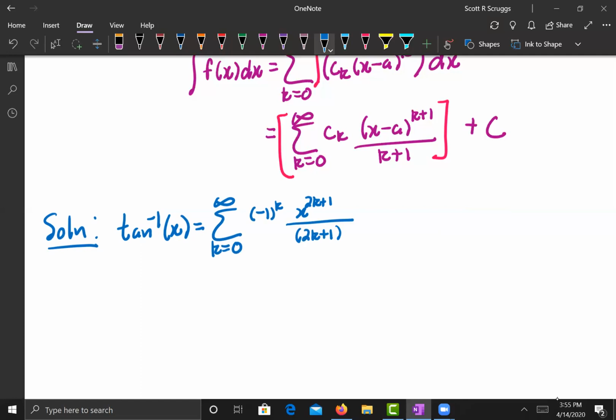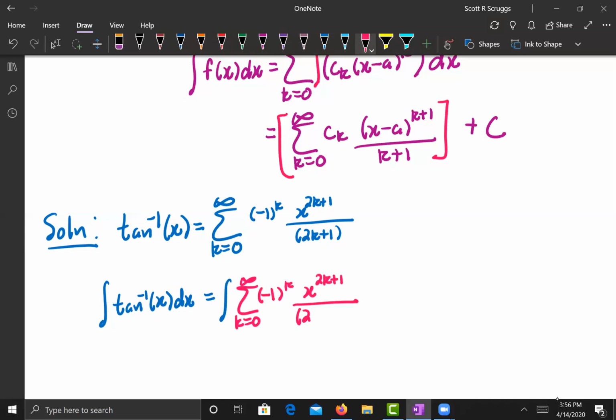And so with that, if I take the integral of arctan, then that is the same as me saying I'm going to take the integral of its Maclaurin series, the (-1)^k x^(2k+1) over 2k+1, and then a dx at the end.